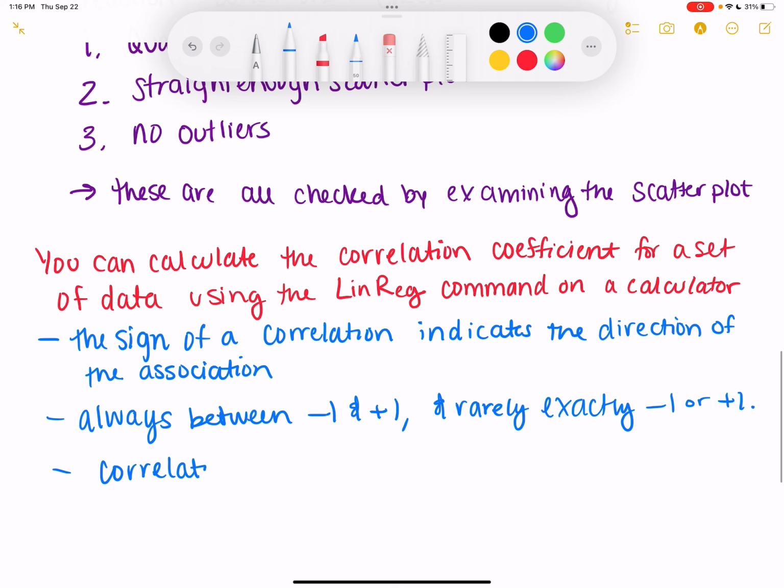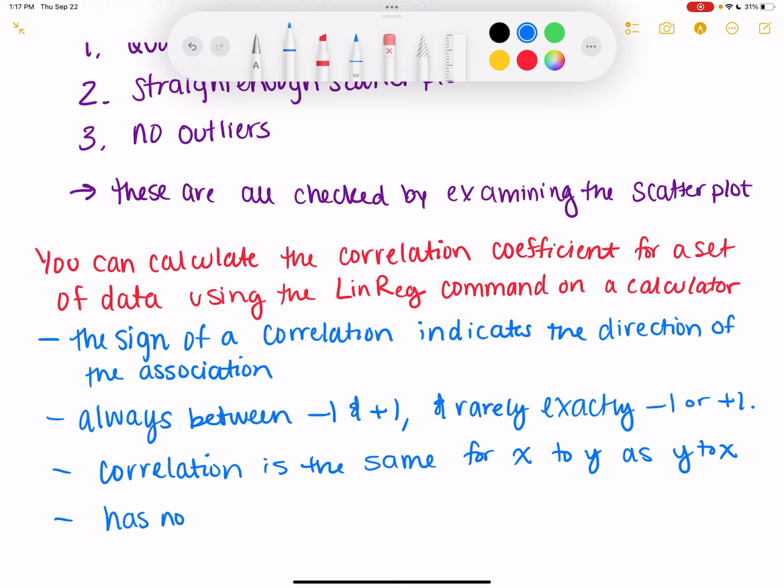Correlation is the same for x to y as y to x. Correlation also has no units.